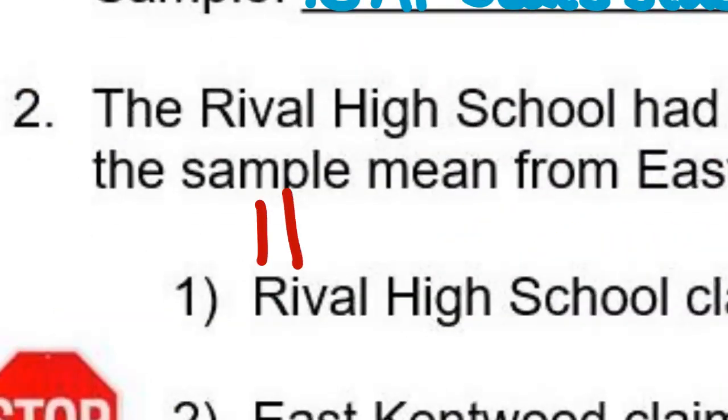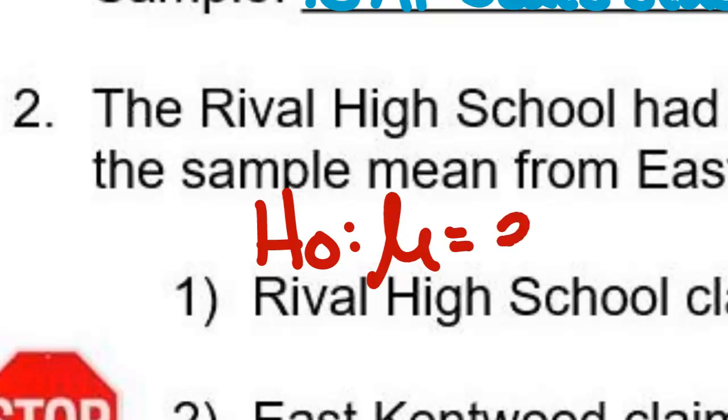So the H0 is that the true average, mu, is equal to 3.11. Or I could do less than or equal to. I would accept either one of those, equal to or less than or equal to. But you have to include that equal to component there.